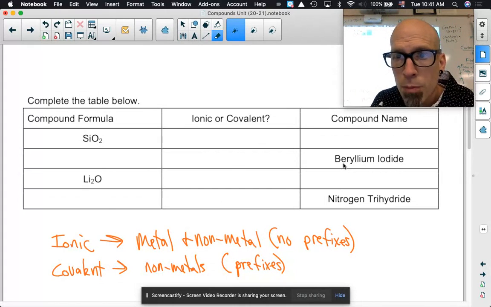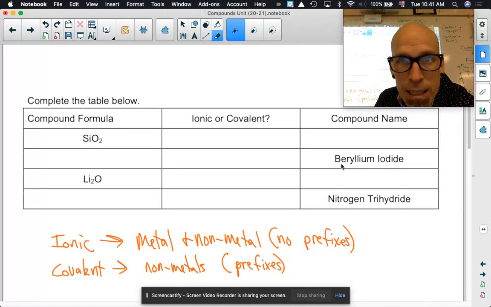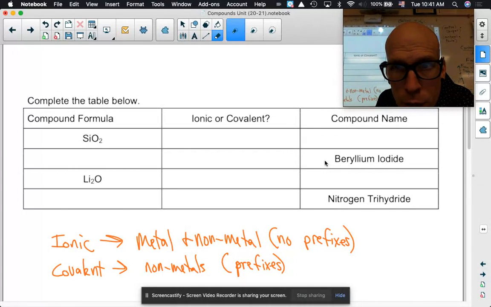Compound name. So beryllium iodide. Do you think that is an ionic compound or a covalent compound? Well, do you see any prefixes here? Is there a mono, di, tri, tetra, penta? Are there any prefixes here? No prefixes? Okay, that has to be ionic. Also, what is beryllium? Look at your table.